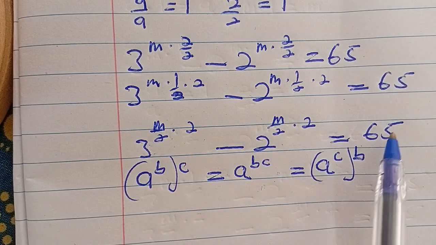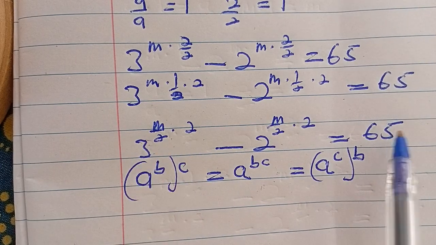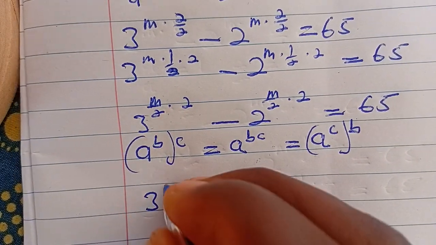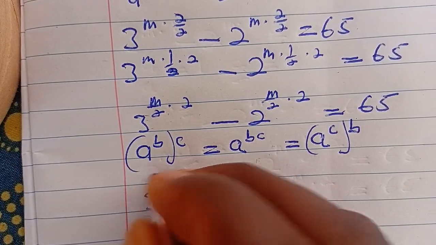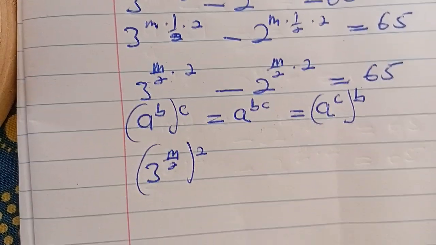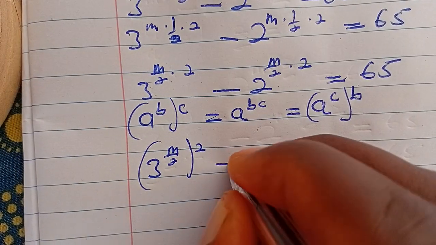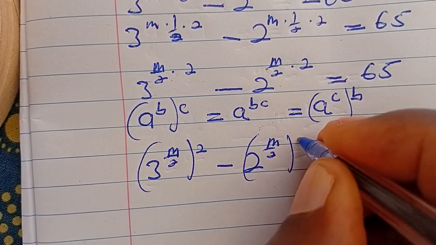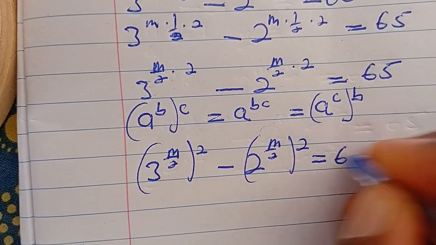So we can apply this concept here. So we're going to have 3 exponent m over 2 squared minus 2 exponent m over 2 squared is equal to 65.